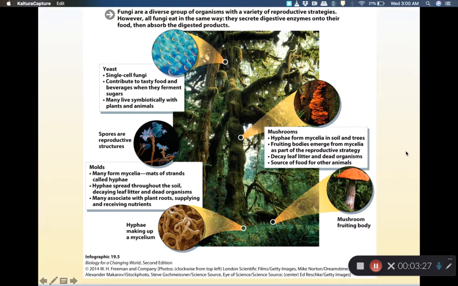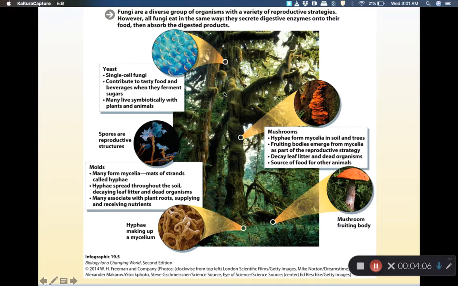Your book has an excellent example of looking at all the different types of fungi that might be present in these dense forested environments. So you can have things that are mushrooms that grow on trees, grow on the earth, hyphae that make up these mycelium that actually can form symbiotic relationships with the soil and the trees. And then you can have very different types of molds, and these molds can act as decomposers, and they can also act in symbiotic relationships with many of these different trees.